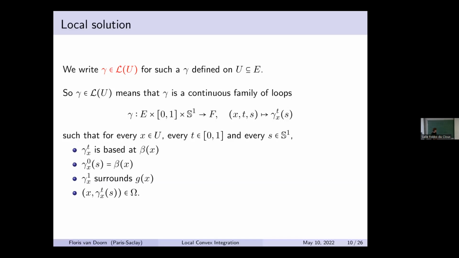But these properties, we only assume them for x in U. And here I'm using another trick in formalization: gamma is defined on all of E, and it's actually a continuous family of loops on all of E, but all these properties only hold inside this small set U. This is again nice because then we don't have to work with partial functions.